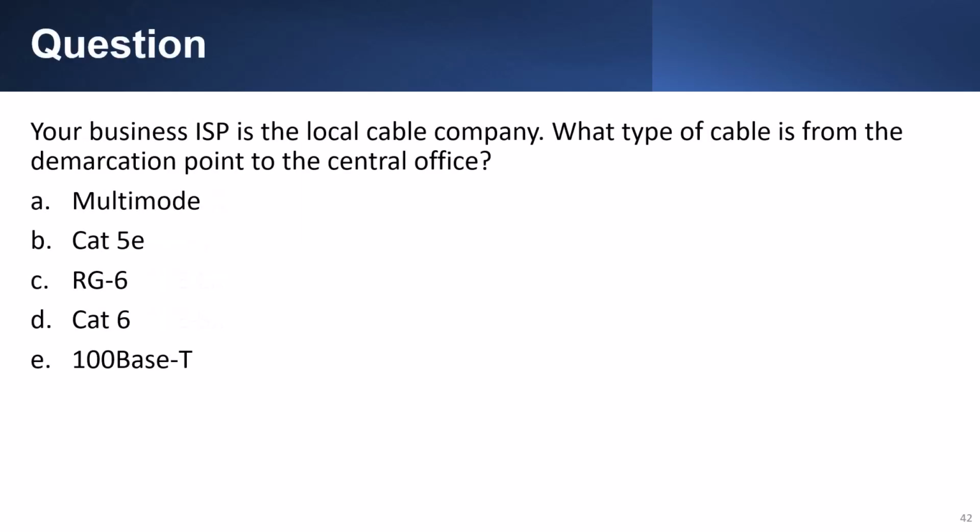Question: Your business ISP is the local cable company. What type of cable is from the demarcation point to the central office? Answer: RG6.